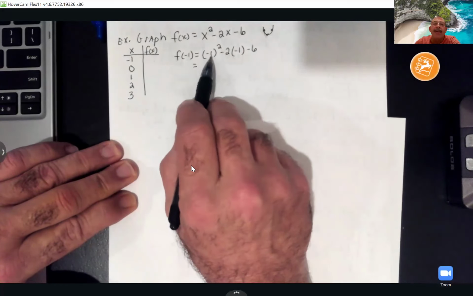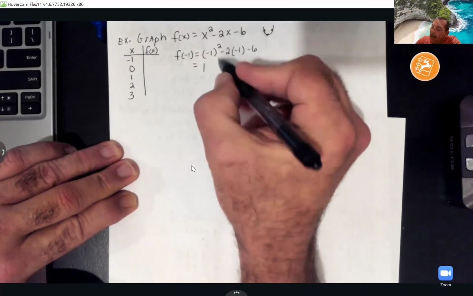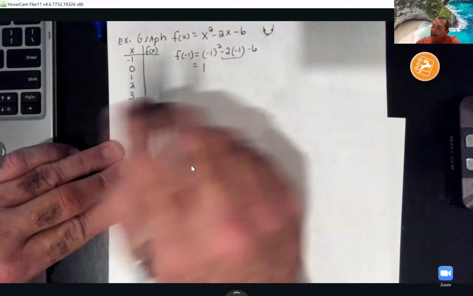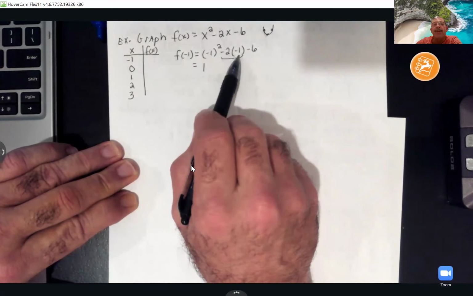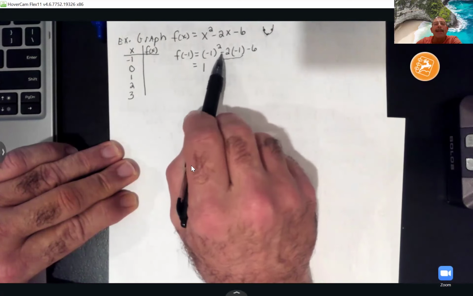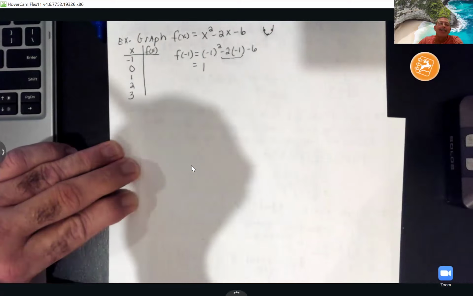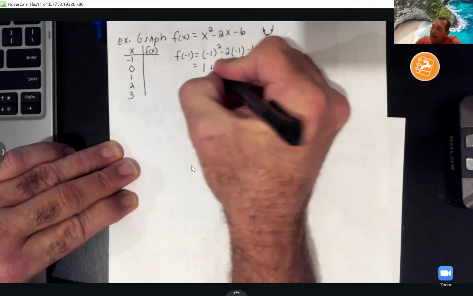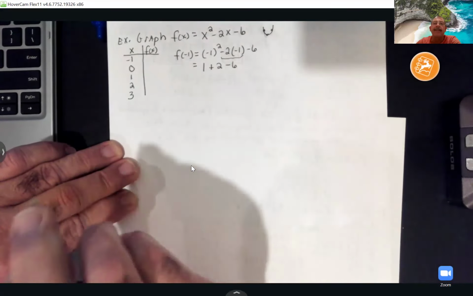All righty, so here we go. Exponent first. -1 times -1 is a +1. And y'all look here. This stuff right here can be multiplied. So you really got 2 times -1, which is -2, but you're subtracting a -2. So remember, when we subtract a negative, that becomes a +2, and then bring down that -6.